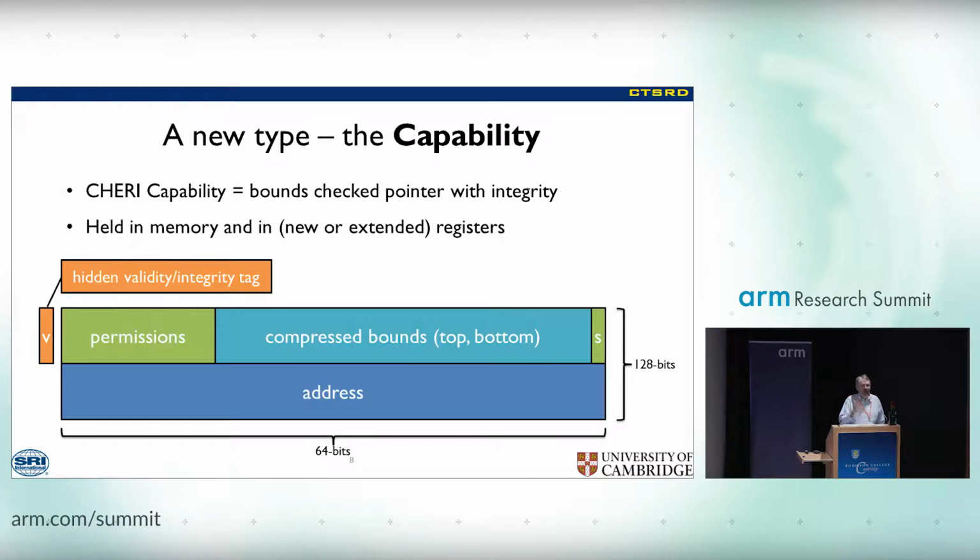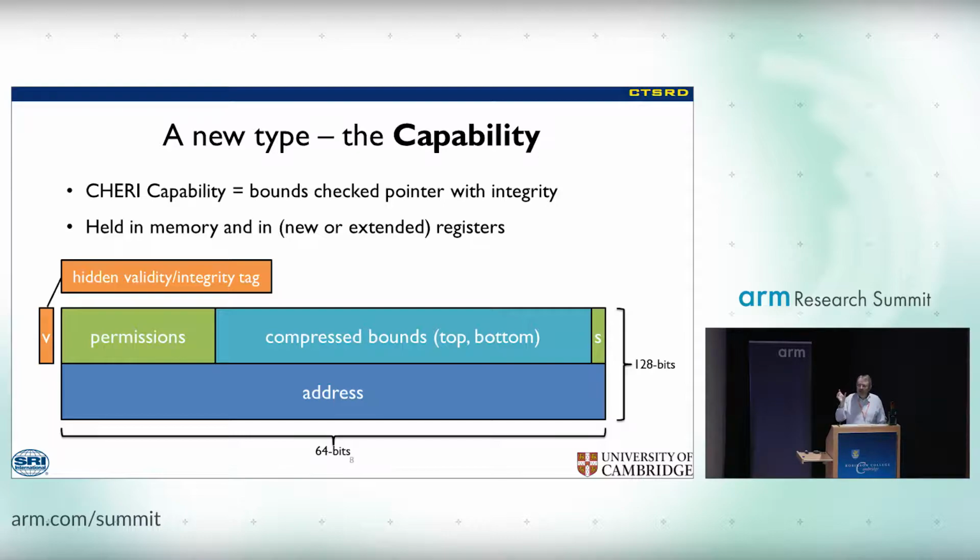Well, we start off by introducing a capability. Now, ideas of capabilities have existed for a long time, and there are cryptographic capabilities and all sorts of things. But the capabilities here on CHERI are in-memory protection capabilities. So a CHERI capability is a bounds-checked pointer with integrity.